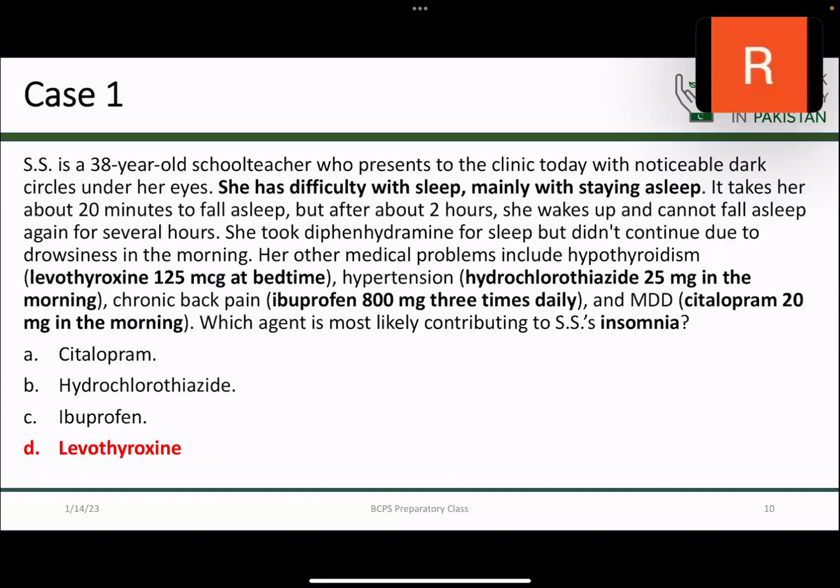Insomnia is actually a sign of a hyperthyroid state. Because the patient is taking levothyroxine for hypothyroidism, she is going towards hyperthyroidism, and insomnia is going to develop. So levothyroxine is the correct option for this case.